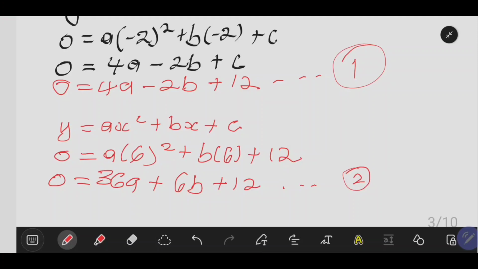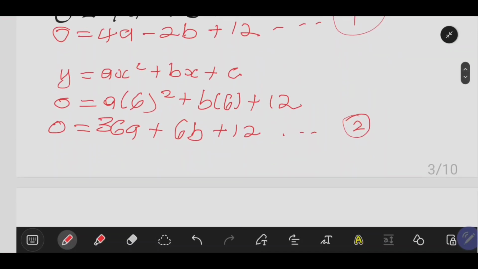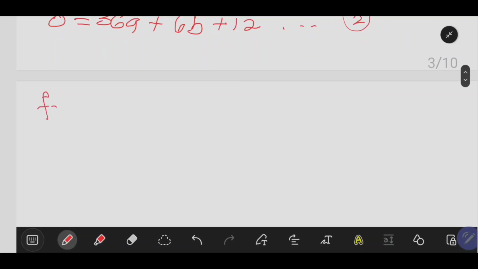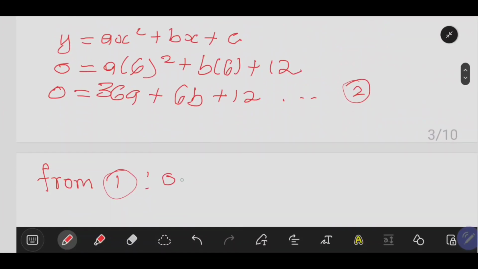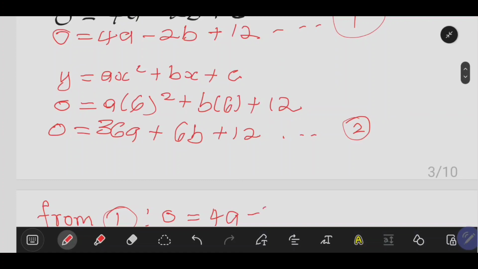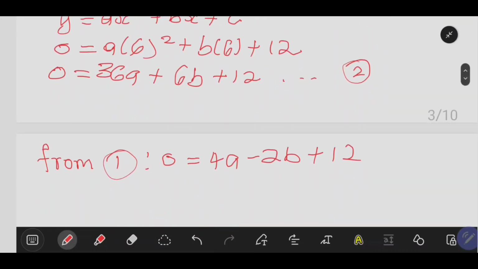Then in this situation, we are going to apply simultaneous equations. So we can take equation 1. We're going to say from equation 1, which was 0 is equals to 4a minus 2b plus 12, make at least a or b the subject of the formula.